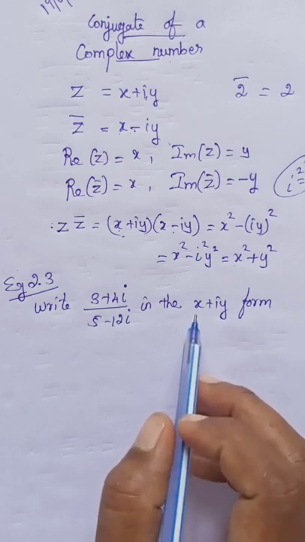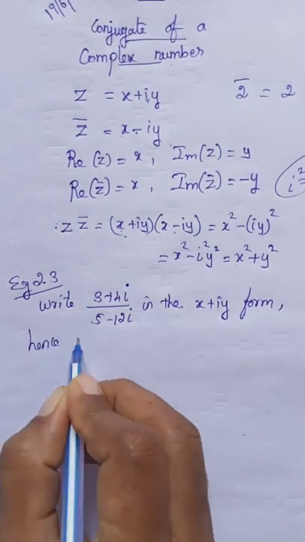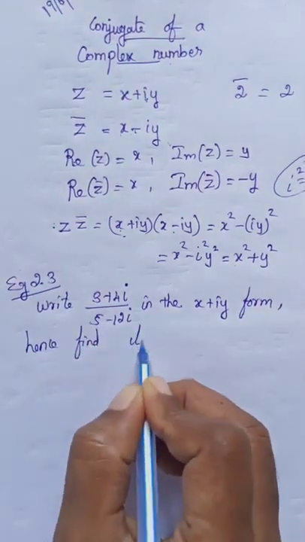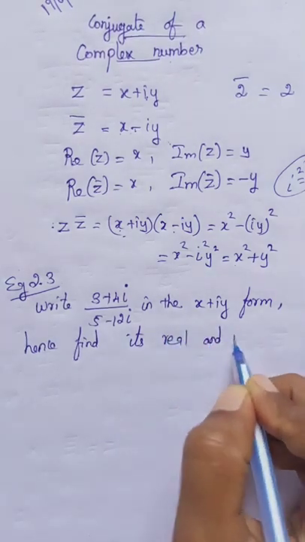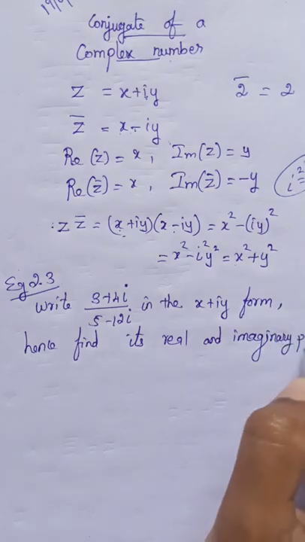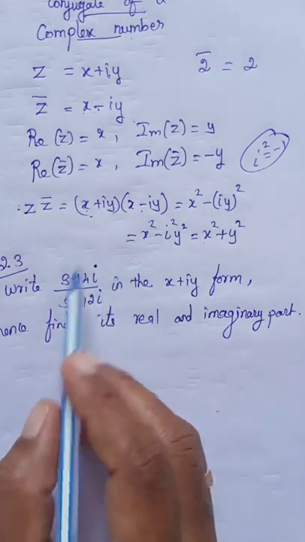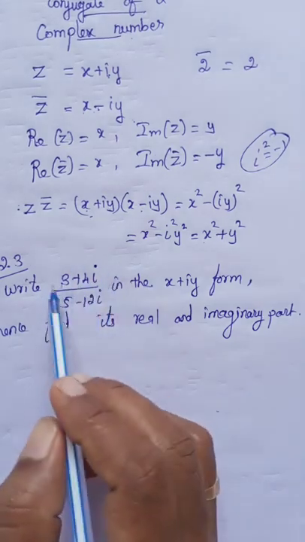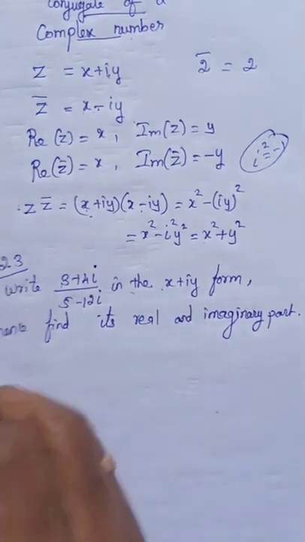We have to bring it into x plus iy. Hence, find its real and imaginary part. First we have to simplify this and bring it into the form x plus iy.